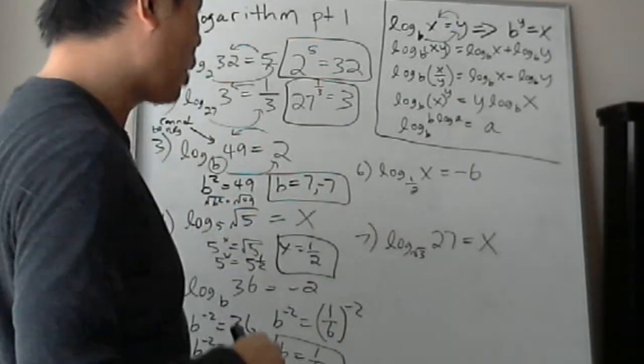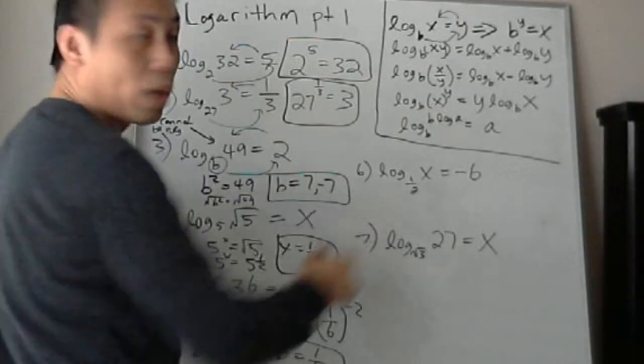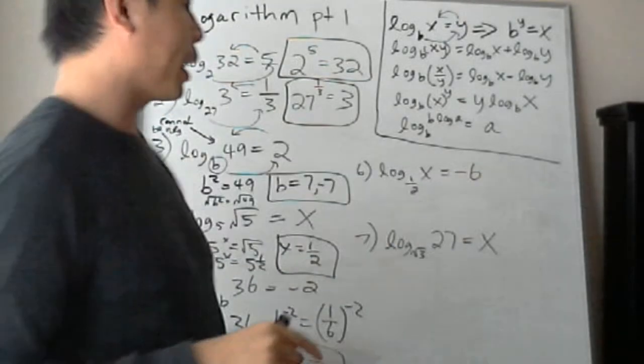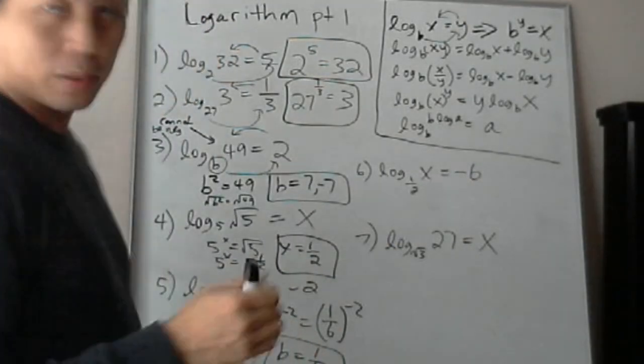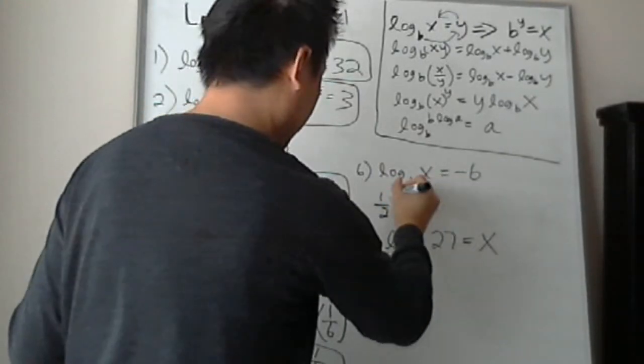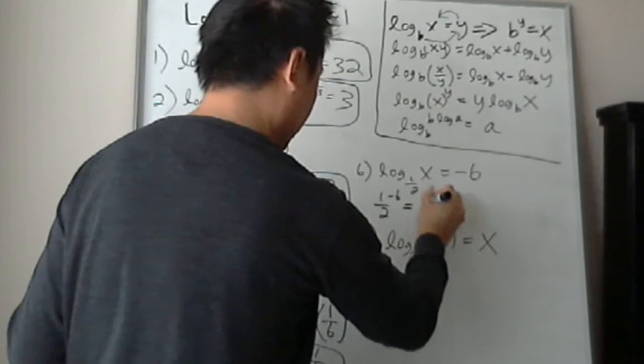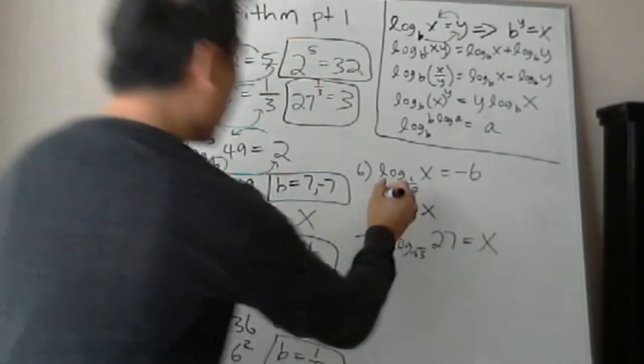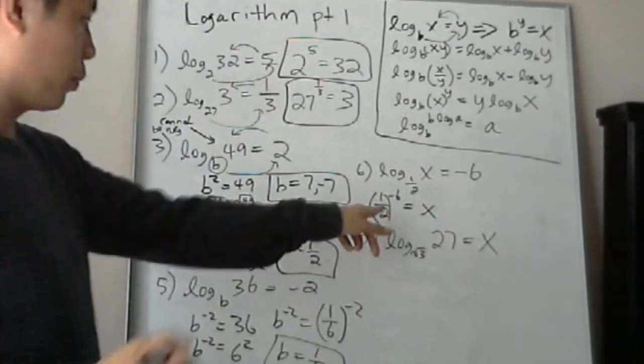Okay, so number 6, we have log base 1/2 of x equals -6. So same thing. We write it 1/2 to the -6 equals x. And what is 1/2 to the -6 power?